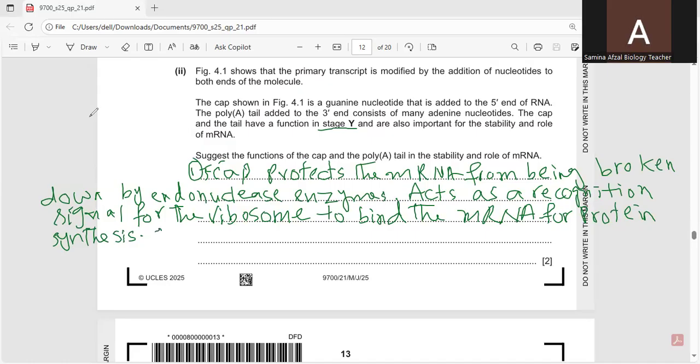And the second point is the role of the polyadenine tail.